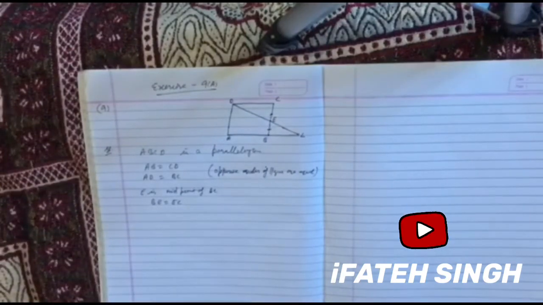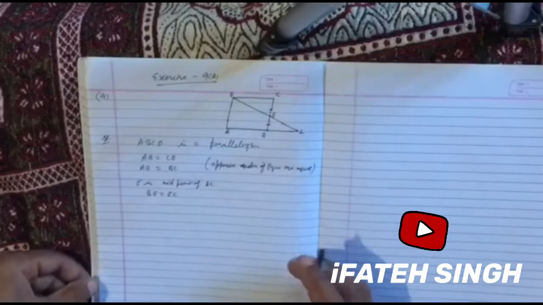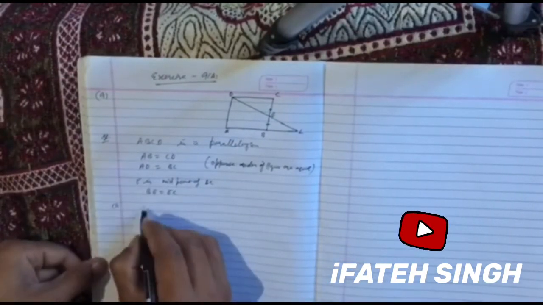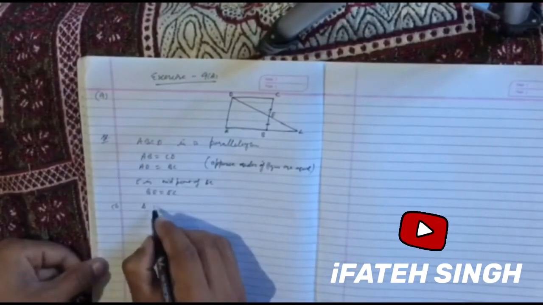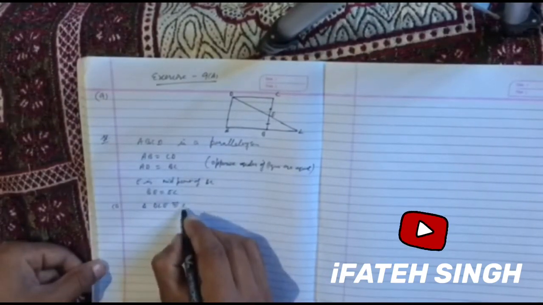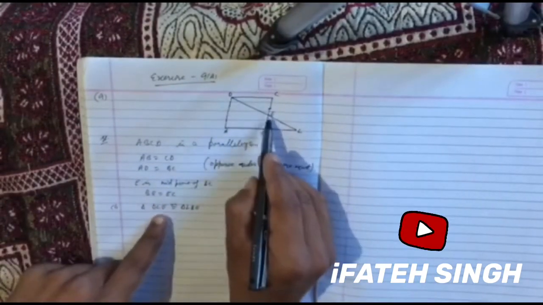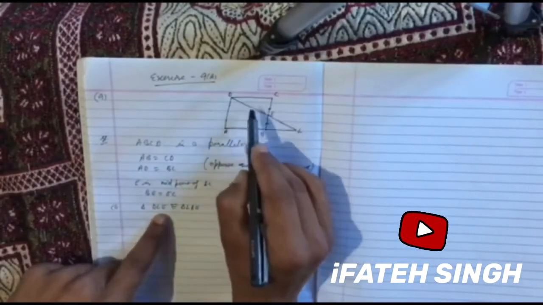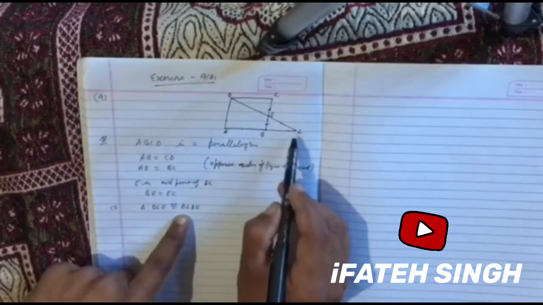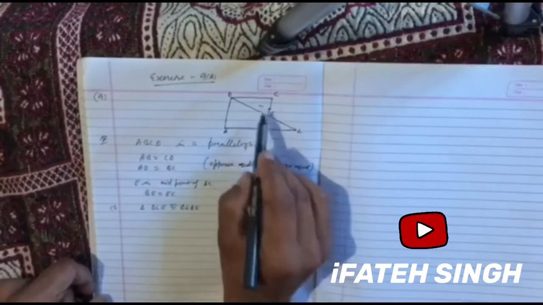Now it is given in our sum, prove that in the first part, the triangle DCE is congruent to triangle LBE. We will prove that these two triangles are congruent.